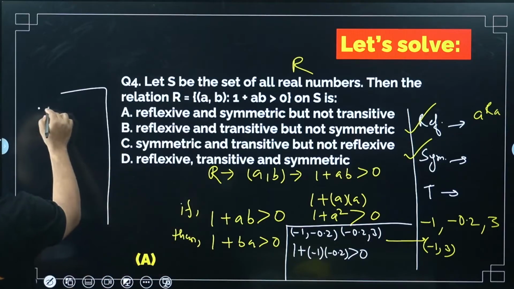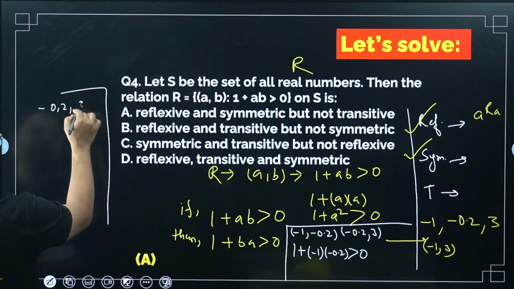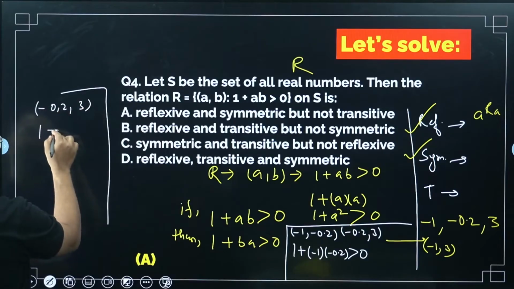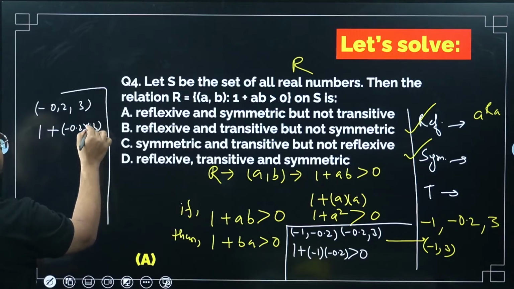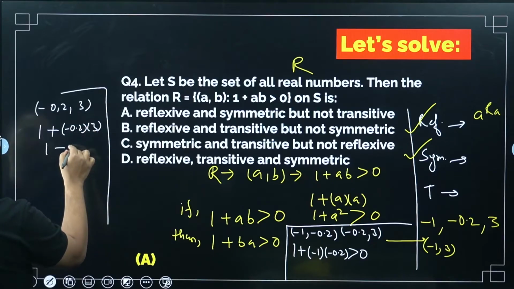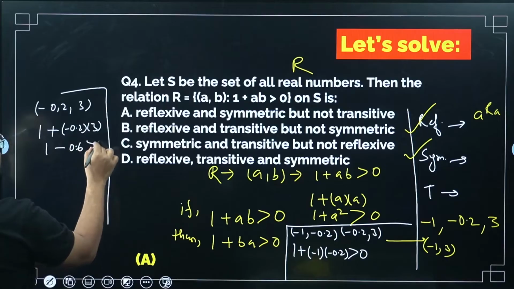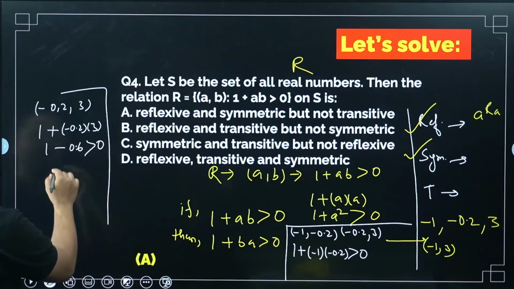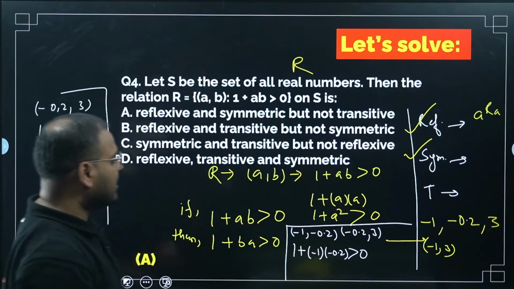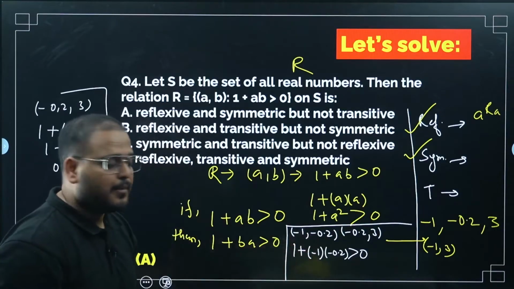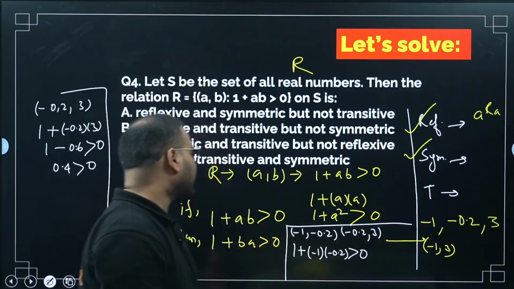It will become 1 plus minus 0.2 into 3. How much is this? 1 minus 0.6. It is greater than 0, because this is going to be 0.4, and 0.4 is greater than 0. So yes, it is true. It means A comma B is right. B comma C is also right.